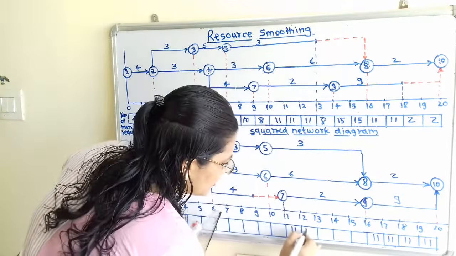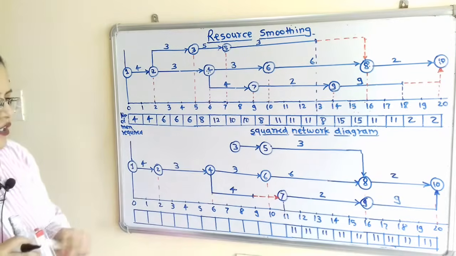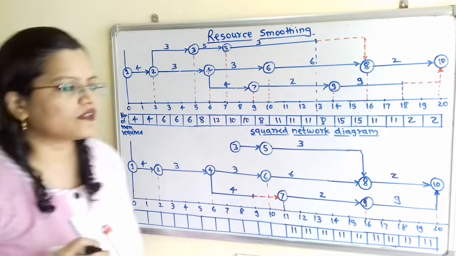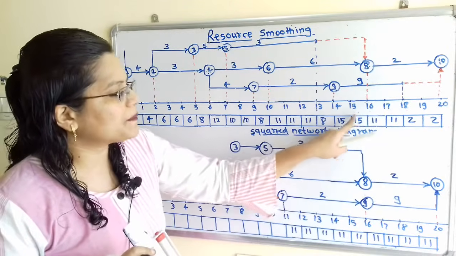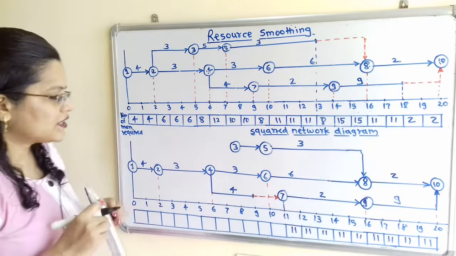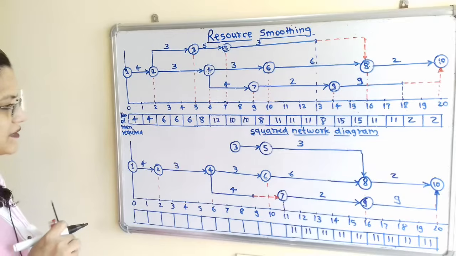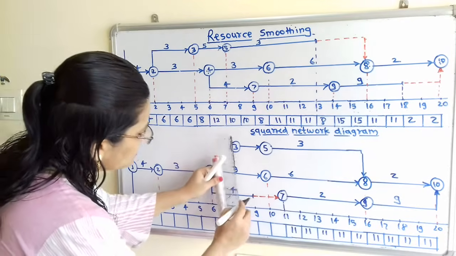So I will write the manpower 11 here. Here constant manpower is required, so we can reduce the manpower from 15 to 11 by transferring the activities.